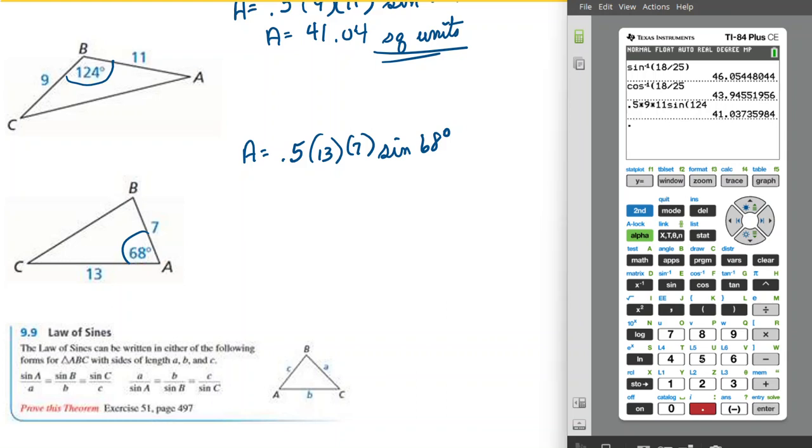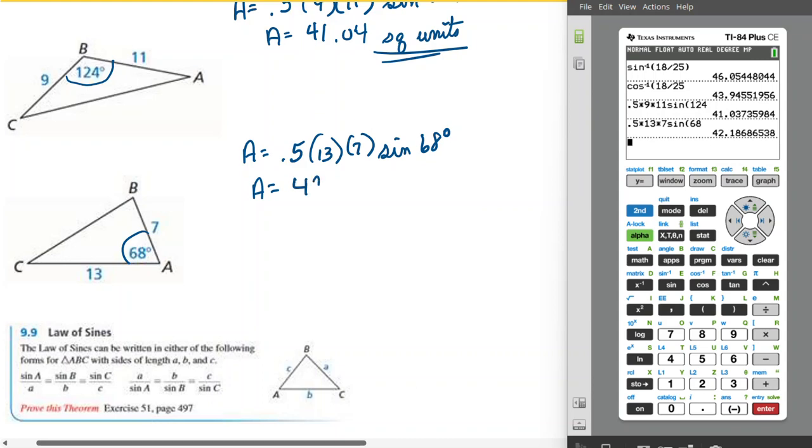We're going to enter that in the calculator just the way we see it. Here, I've got it in. And I'm going to have area equal to 42 and it looks like 1900 square units. Area is in square units. Very good.